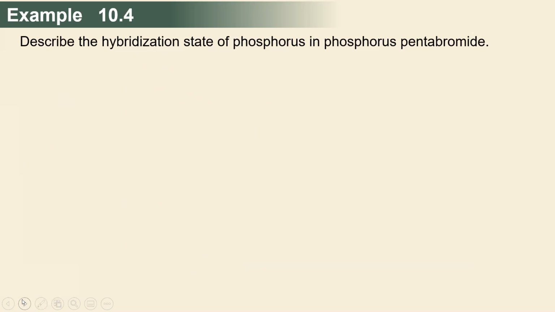All right. So phosphorus and phosphorus pentabromide. I gave you phosphorus pentachloride as a good example of one of our hybridizations.